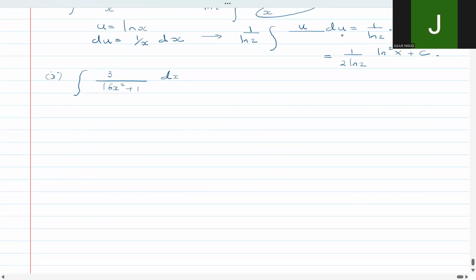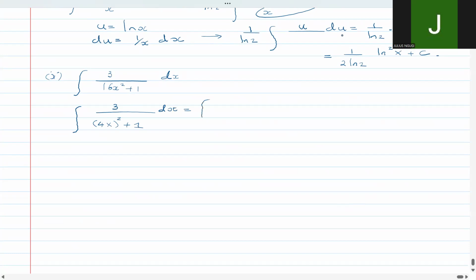For Roman 2, the integral, if we inspect, we have 3 in the numerator, but in the denominator, we have 4x squared, that's 16x squared, plus 1 with respect to x.